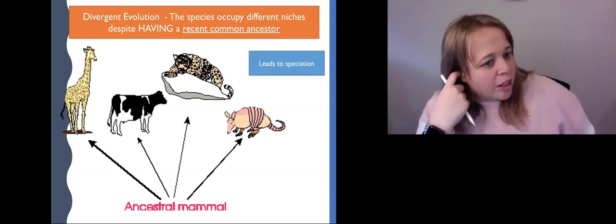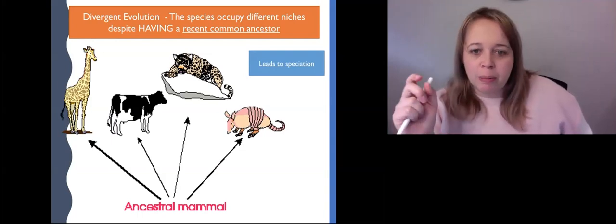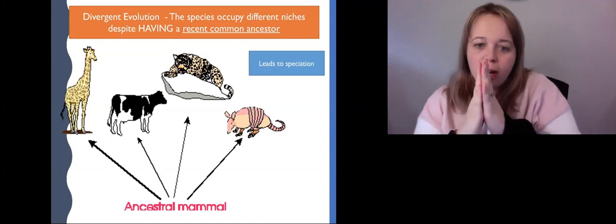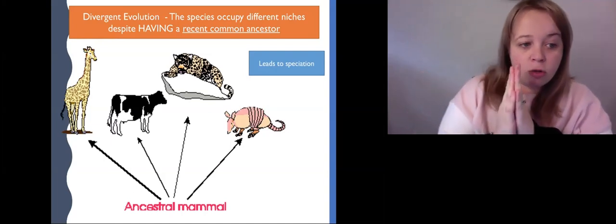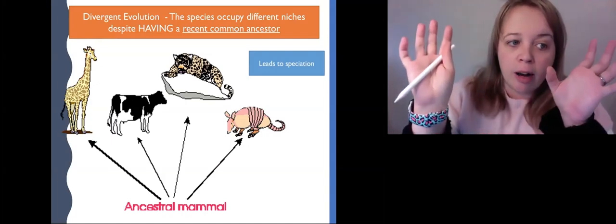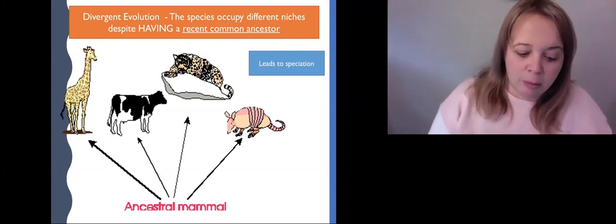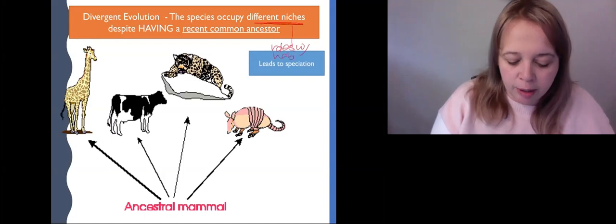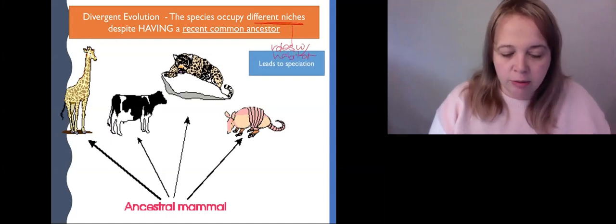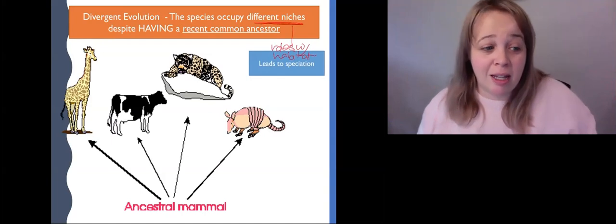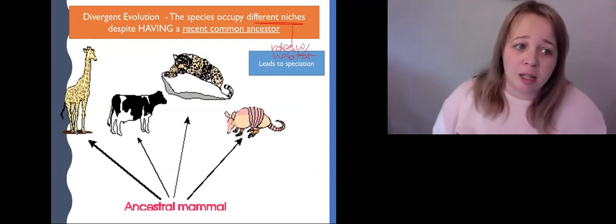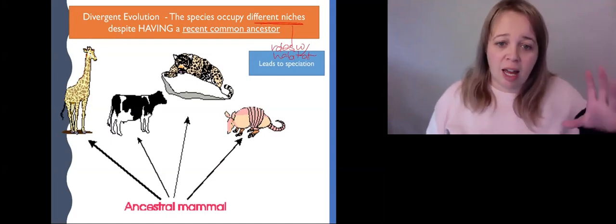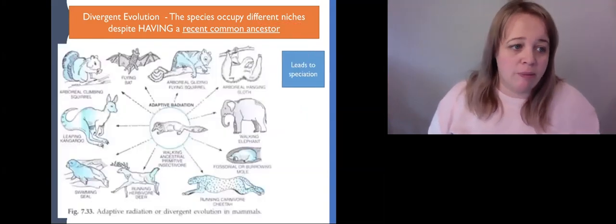So divergent evolution is when organisms come from one ancestral creature, one ancestral mammal, for example, gave rise to all of these different animals because they occupy different niches or different roles within a habitat or an ecosystem. So they come up with these different niches, and this is what actually drives speciation. It drives the whole process of evolution. Most of it has happened through this divergent evolution.